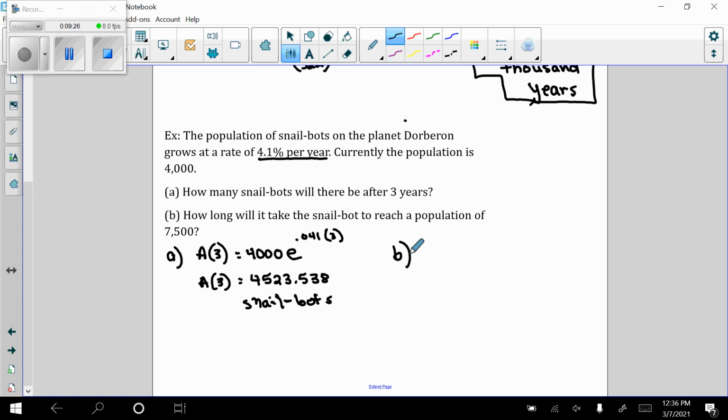So for B, I'm just going to take the same equation, but I'm going to set it equal to 7,500 and solve for T. So 4,000, my initial amount, times e to the 0.041 times 3 equals 7,500.